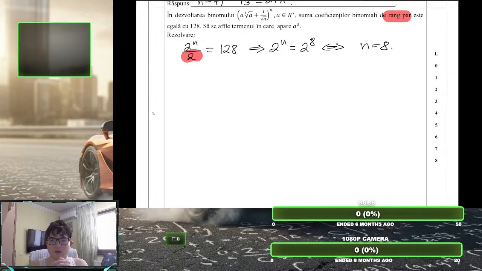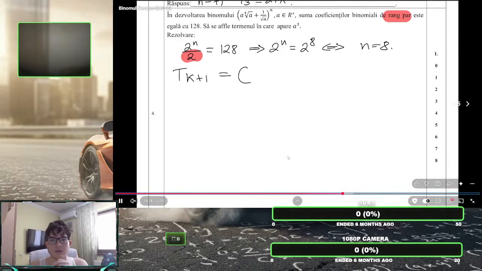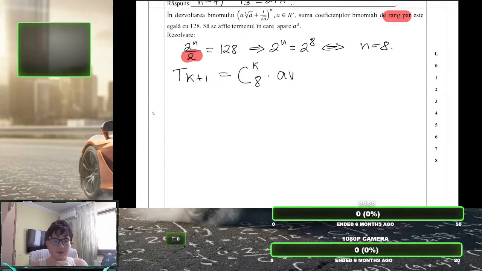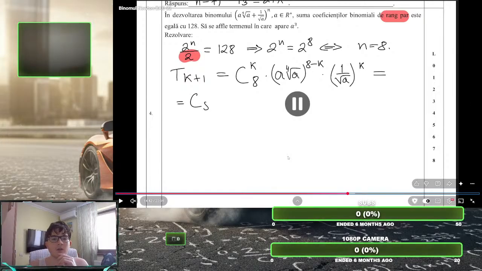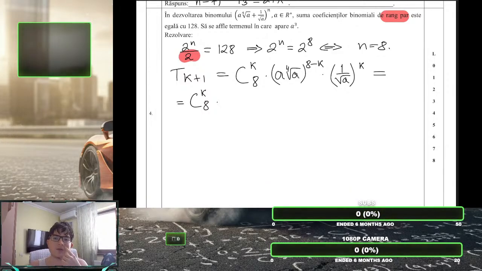Okay, so n is 8. Plug it in. This is 8 minus k, now that to the power of k.